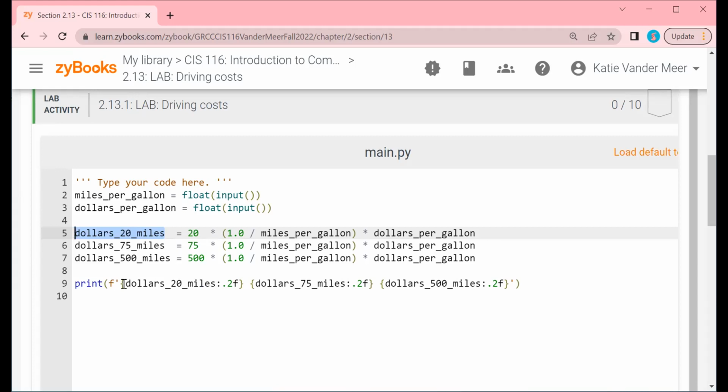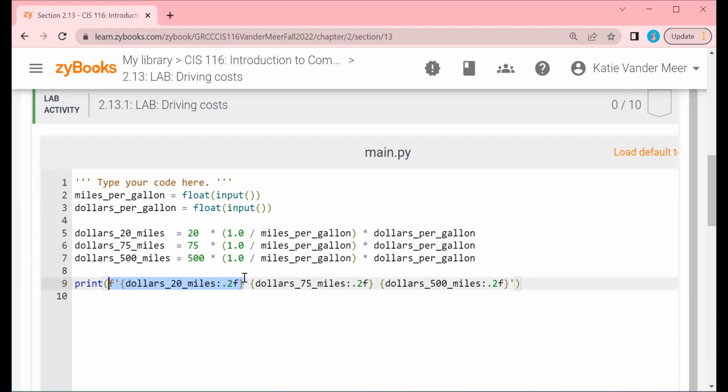The F apostrophe bracket, and then the semicolon dot and so on. Yeah. So what this is doing is this is the syntax for how you round something to the right of the decimal.